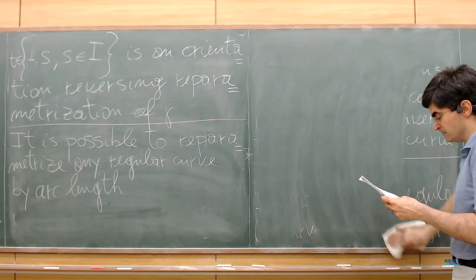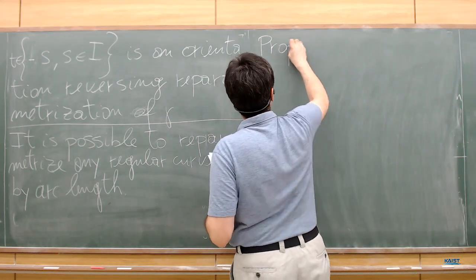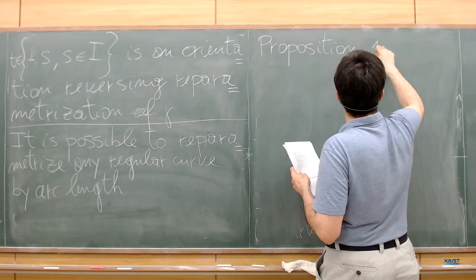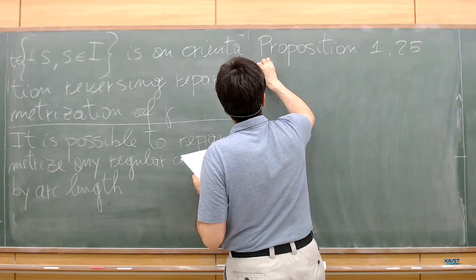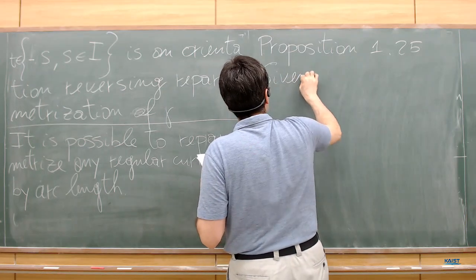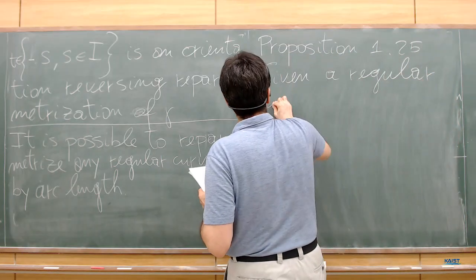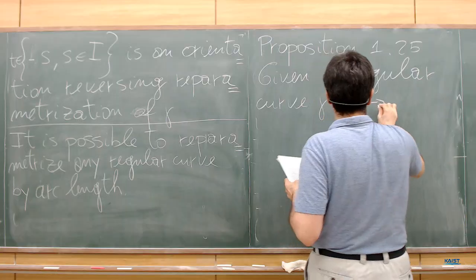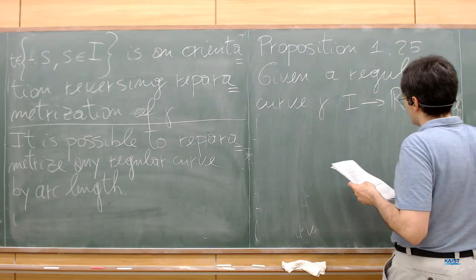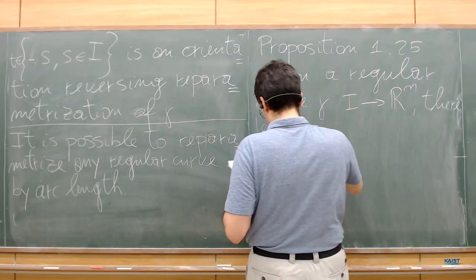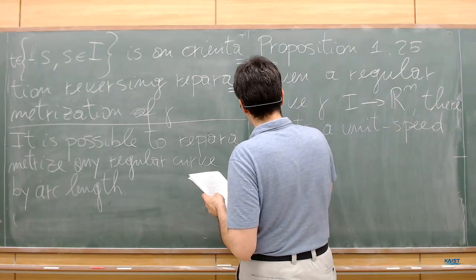Precisely, we have a proposition 1.25 which says the following: given a regular curve gamma defined on I with values in Rn, there exists a reparameterization of it.